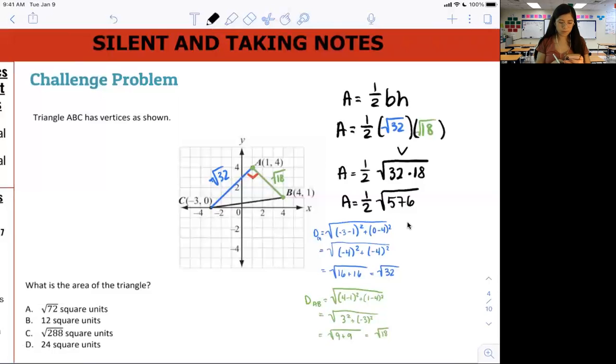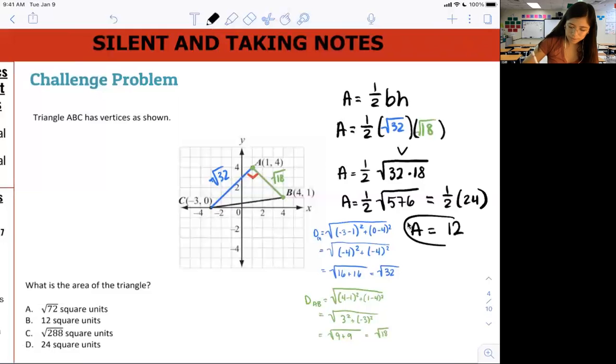And can you take the square root of 576? 24. Good. So we get 1/2 times 24, which means my answer is 12.